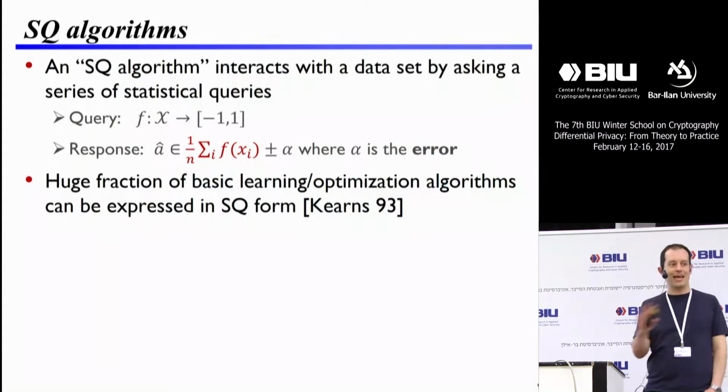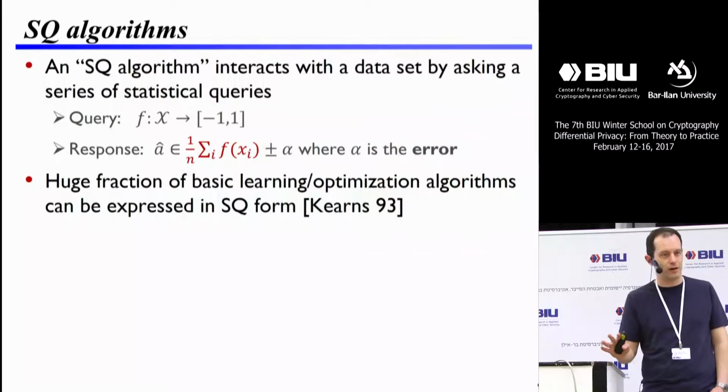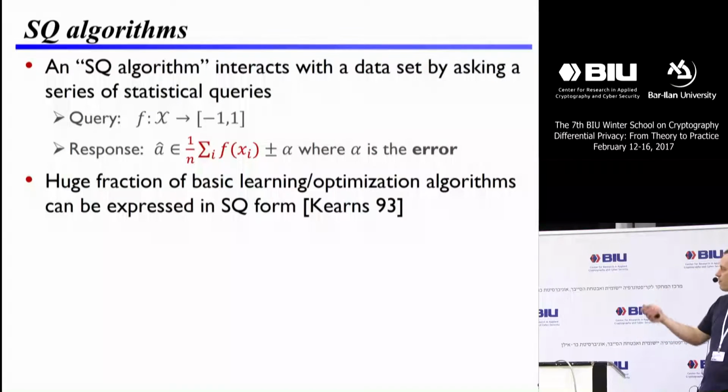There's a class of well-studied algorithms that interact with the data this way. They're called SQ algorithms, where SQ stands for statistical queries. Each statistical query is a function of this form, and roughly speaking, an SQ algorithm proceeds by asking averages of queries of this form over the data set.